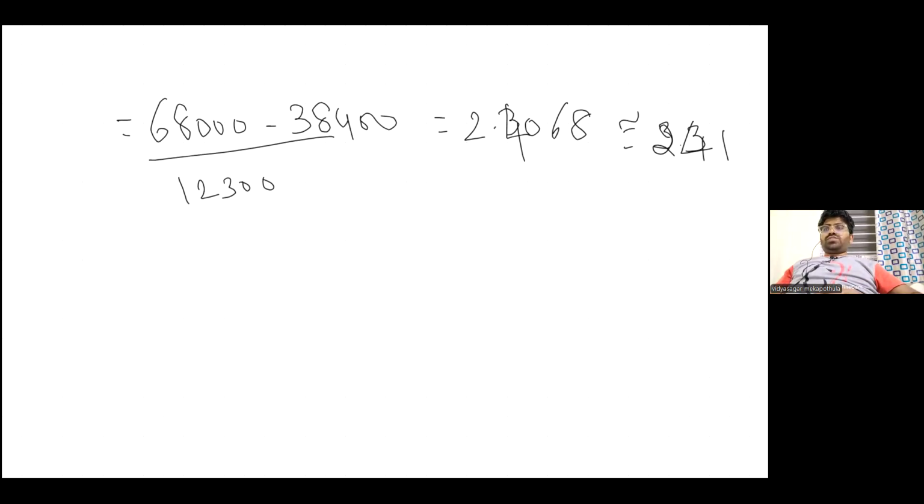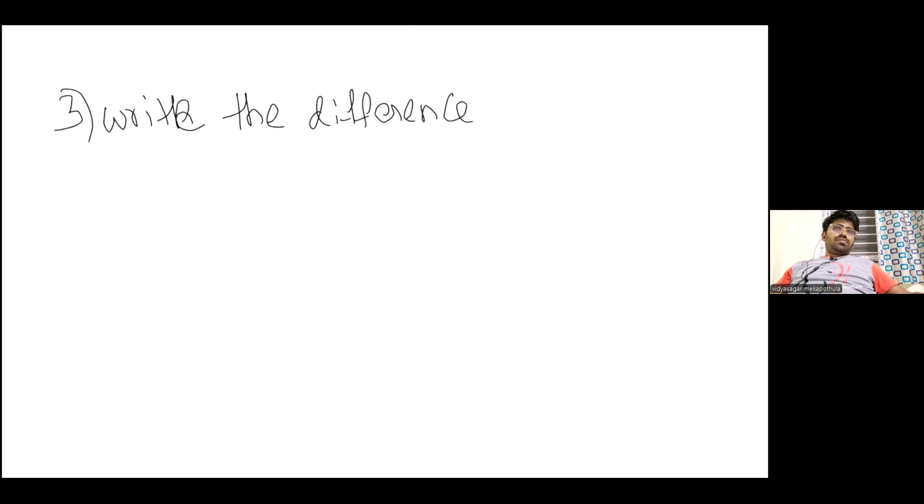Now, our third question is, write the difference between classification and prediction.